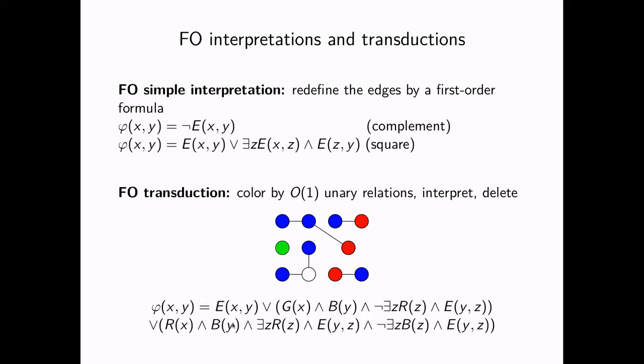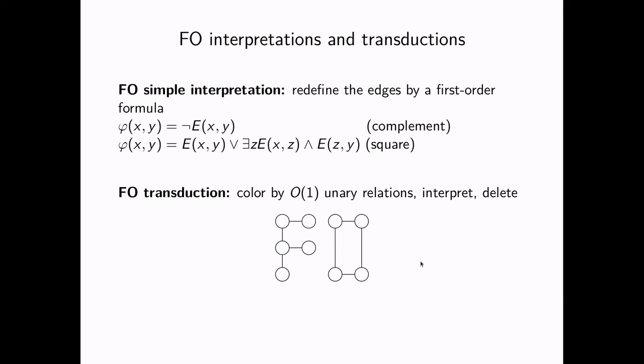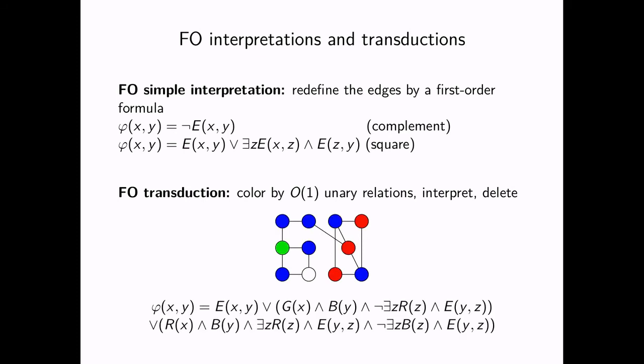So the interpretation now can talk about the relations, being colored red or blue or green. Again, it defines some edges, and then you're allowed to take an induced subgraph of this, and you don't care about the colors anymore. So you remove things, and you get one graph. So you don't get only one graph, because there are many ways of coloring with a constant number of colors, so you get a collection of graphs.